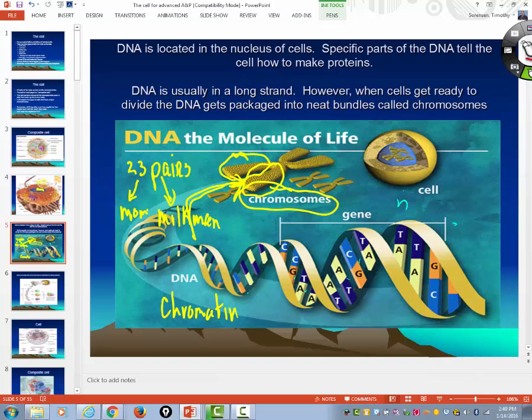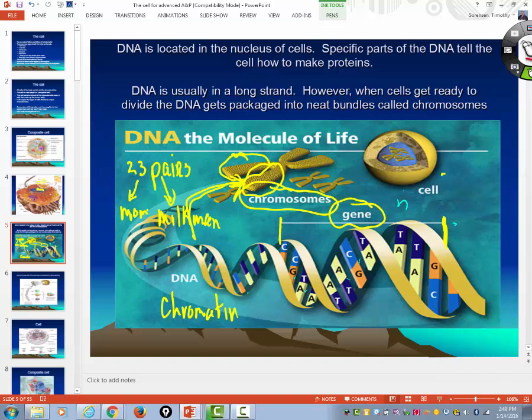So this is the other thing. In DNA, and this is really important, a section of DNA that tells the cell how to put together a protein is called a gene. A section of DNA that tells the cell how to put together a specific protein is called a gene.